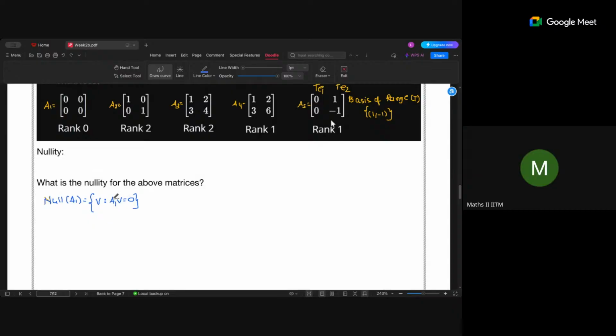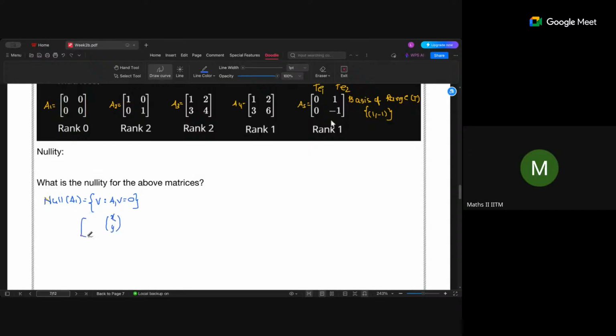Okay, now, think more clearly. Say I'm having a 0 matrix. What are all the vectors which, when I multiply with this matrix, will result in 0? 0 is one possible answer. But what are all the vectors satisfying this condition? Suppose I am taking any vector (x, y).